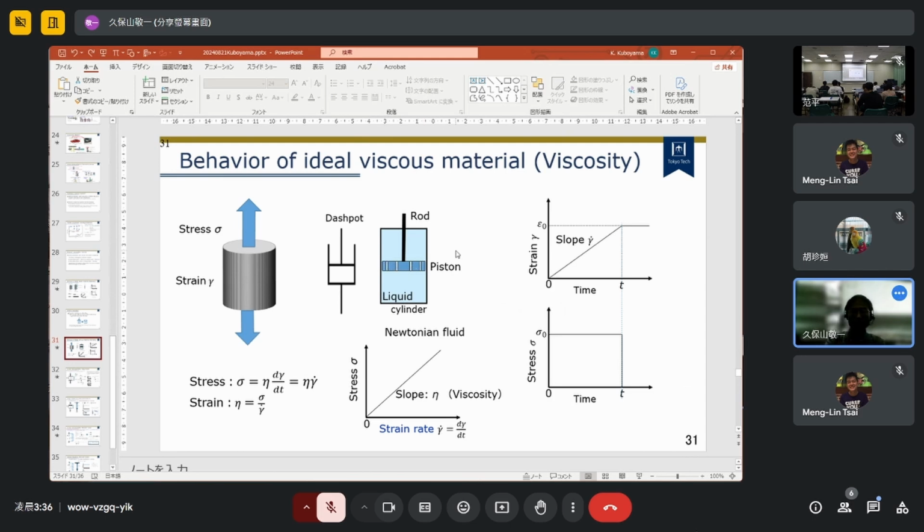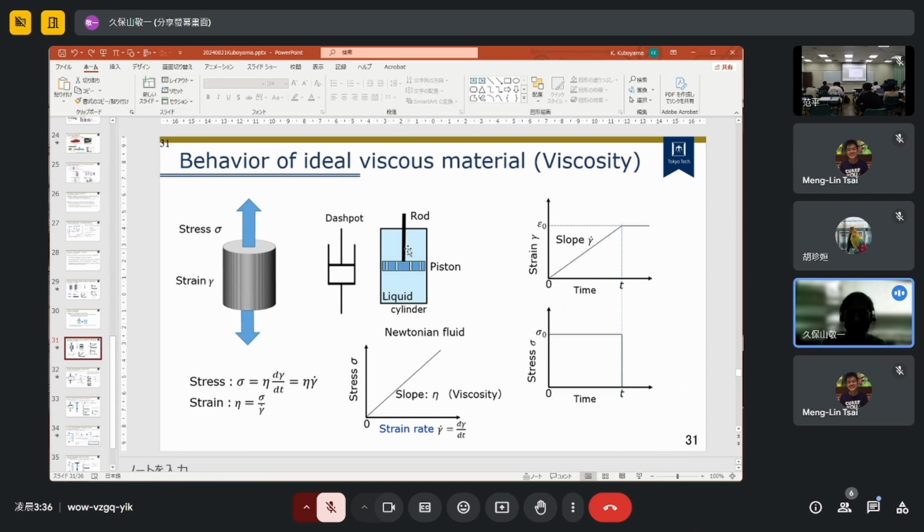When you move this piston, for example, upward, the holes are very small, so you cannot move it quickly, but you can move the piston slowly in the upward direction. That is a dashpot.